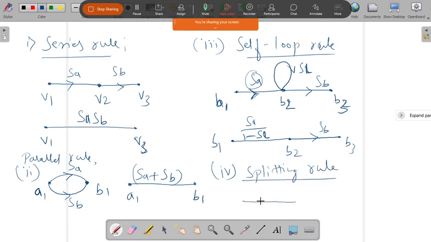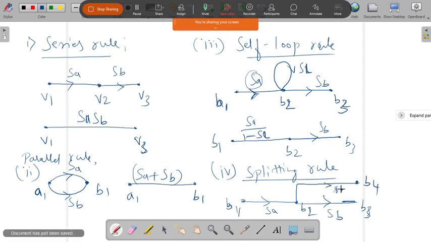Now if I have the nodes A1, B1, or we can have B1, B2, B3, with multiplying factor SA and here SB, and one more node, for example B4, going from B2 to B4 with SC.